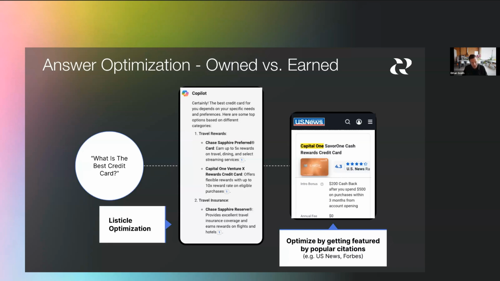So not only does Chase want people to come to Chase.com, but Chase wants the citations to mention them. So earned media becomes more and more important. Here's an example. Greg was talking a lot about citations, but the citations for Copilot for best credit card are US News and NerdWallet and Forbes and all these. So I care not only about whether I rank, but whether I am mentioned in these citations.